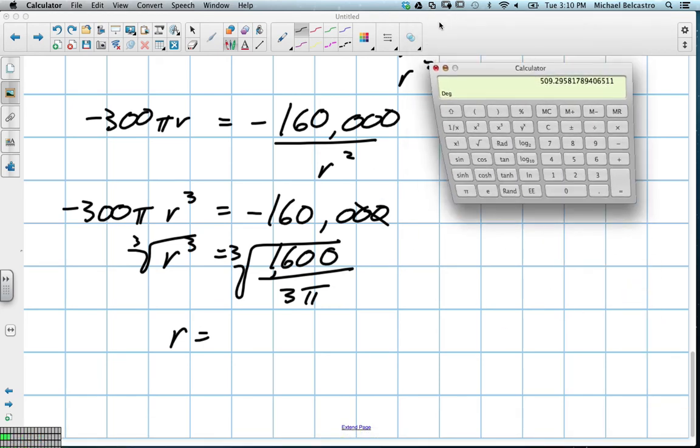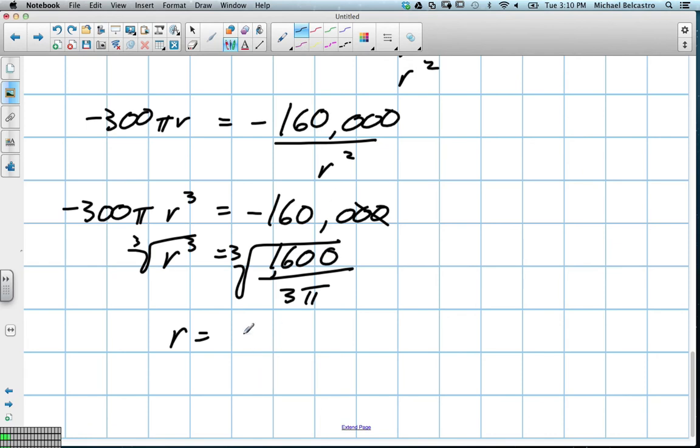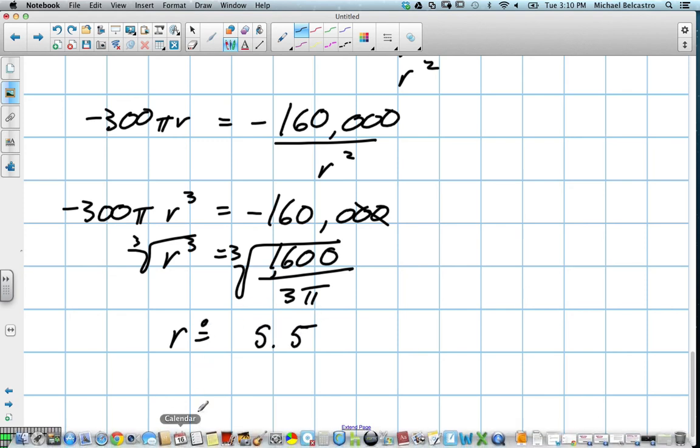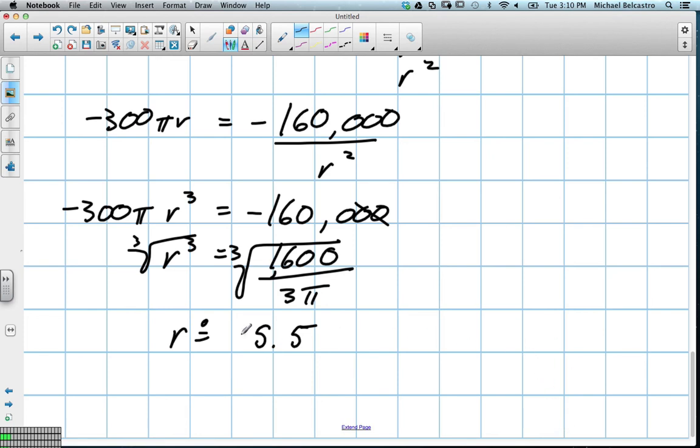I don't think that calculator worked out. The calculator I have on here isn't the nicest. What did you get? Approximately 5.5? Okay, great, thank you. Sorry about that long wait. So our radius is 5.5, which does fall between 0 and 6.